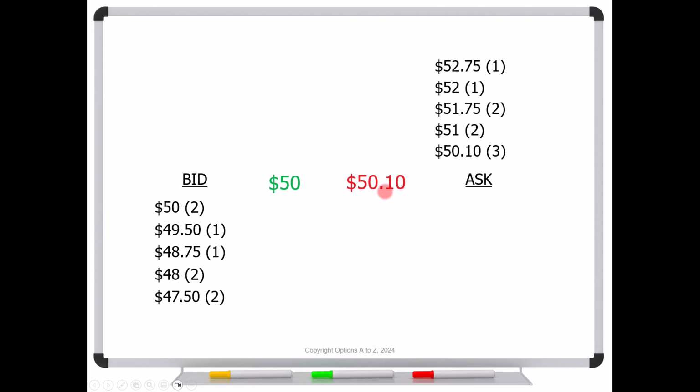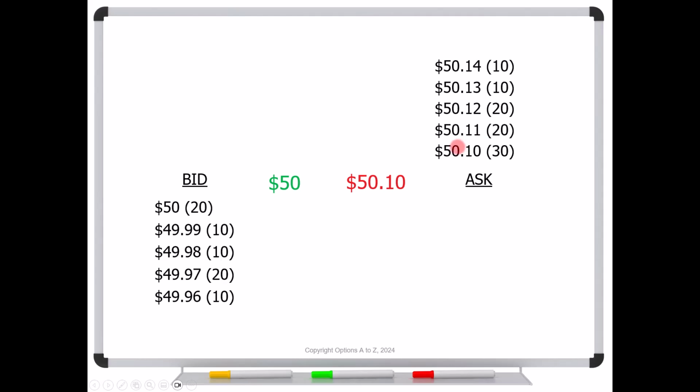But because we don't have, let's say, a market maker or an ECN that's willing to step in and fill in these gaps, you end up with 300 shares at 50.10, 200 at 51, 200 at 51.75, and then 100 at 52. So there's your 800 shares. So you're thinking you were going to get filled at 50.10, and you got as high as 52. Why? It's not very broad and it's not very deep. And that's what causes the execution risk.